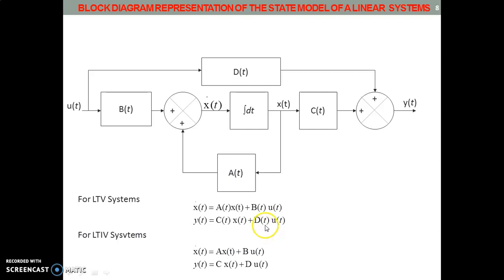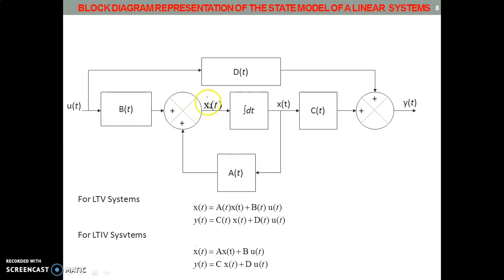So these expressions are the state model. The first expression is called the state equation and the second expression is called the output equation. Both combined, those two equations are called the state model. This state model can be represented in the block diagram like this.